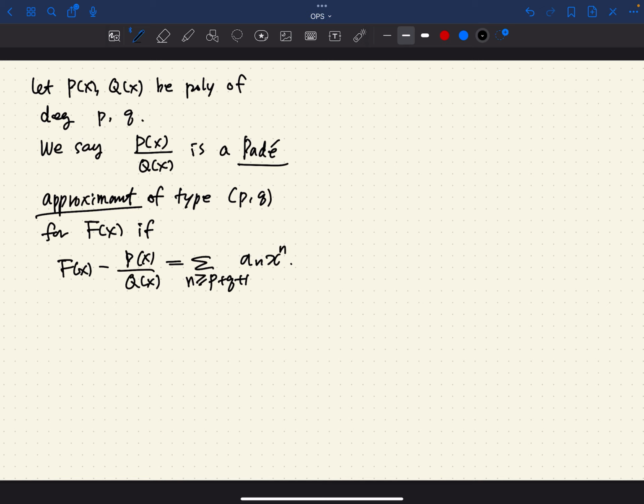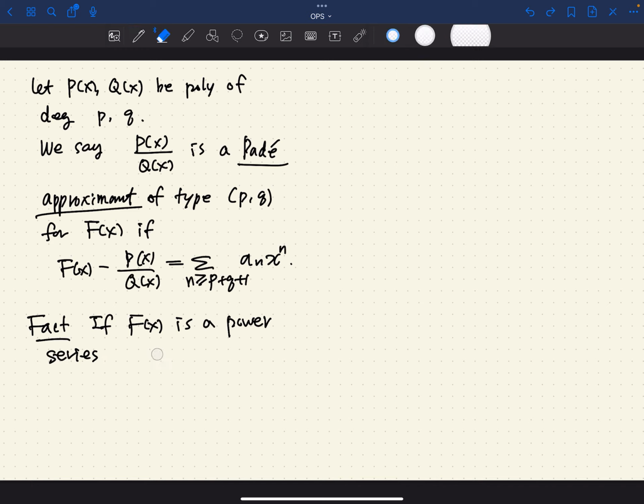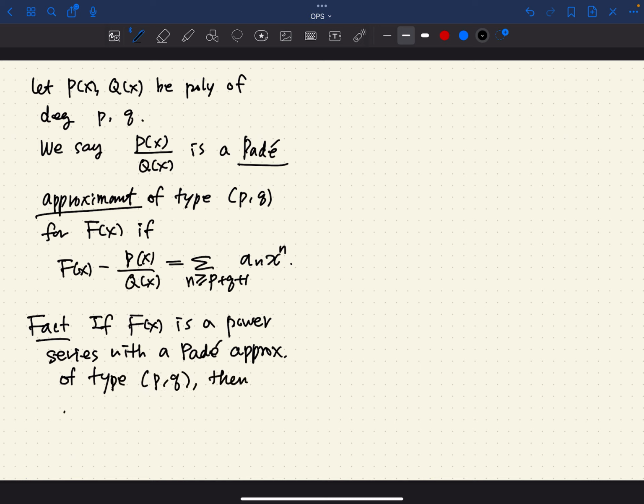But the fact is that if f(x) is a power series, and let's say with a Padé approximant of a given type, then it is unique.